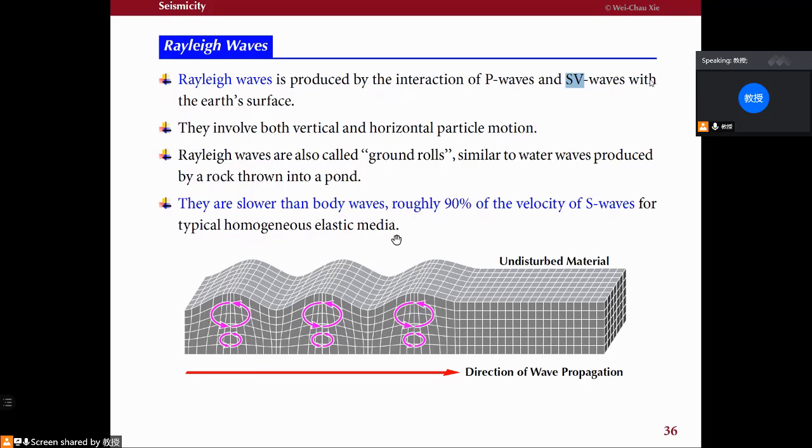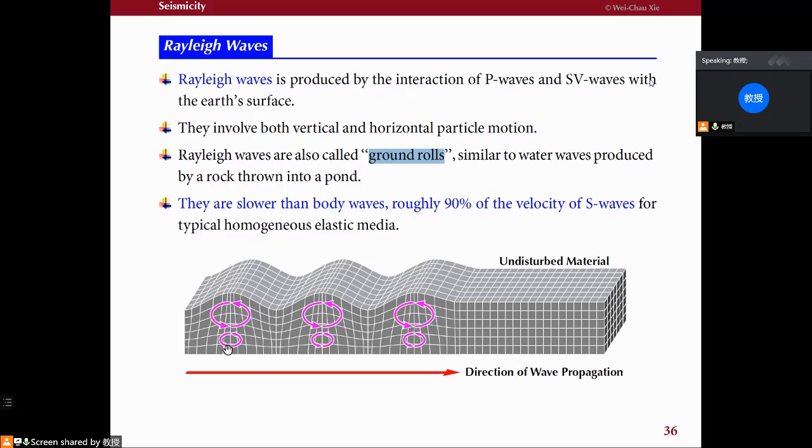Okay, so if this is the direction of wave propagation, a particle will rotate. Okay, so that's so-called ground rolls. And at the top, you have large motion and amplitude decreases exponentially with the depth.